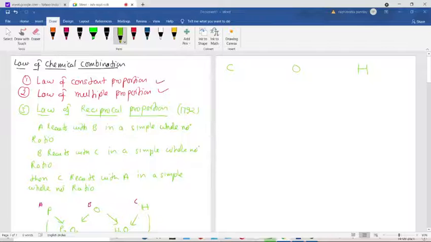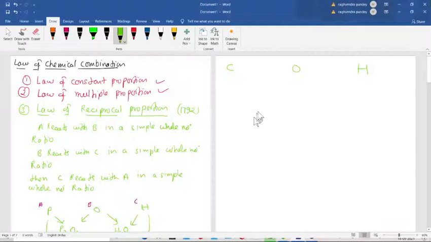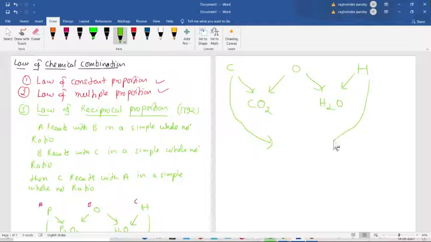Carbon and oxygen react and form carbon dioxide. We are taking carbon dioxide here because normally the valency of carbon is 4. Oxygen and hydrogen give H2O. Then carbon and hydrogen will give CH4.